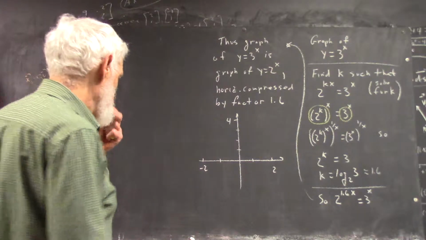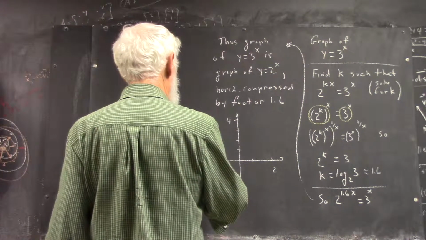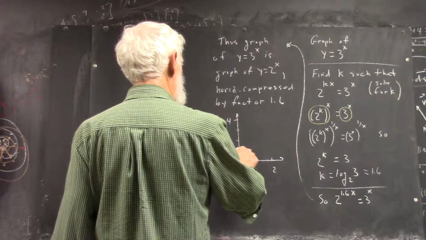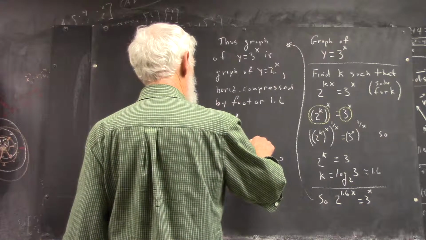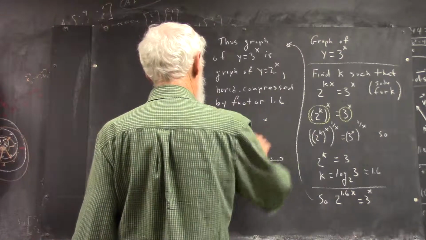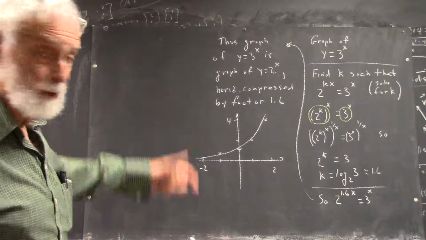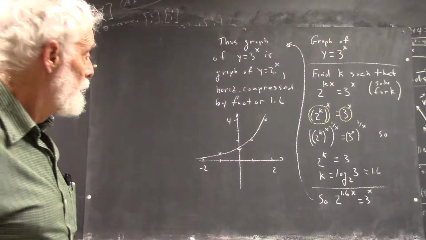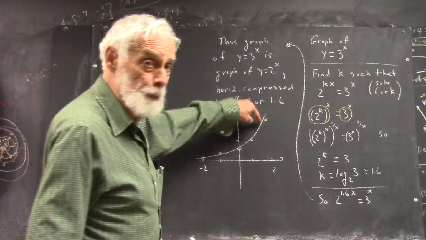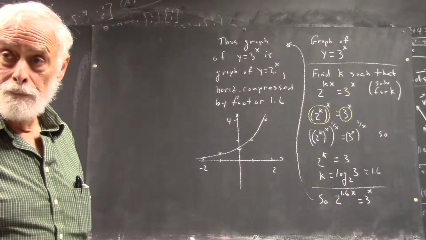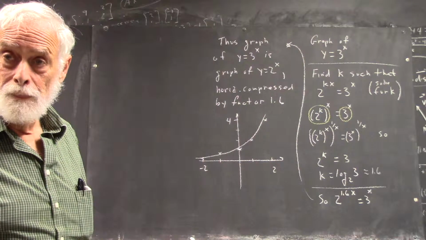that if I do my graph of 2 to the x, not very well done, but there it is. What has to happen to this point? Has to move 1.6 times closer.